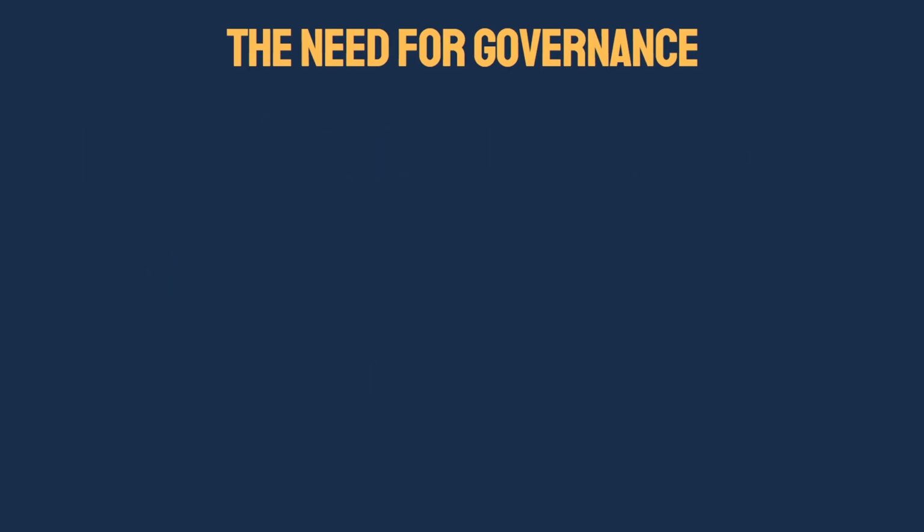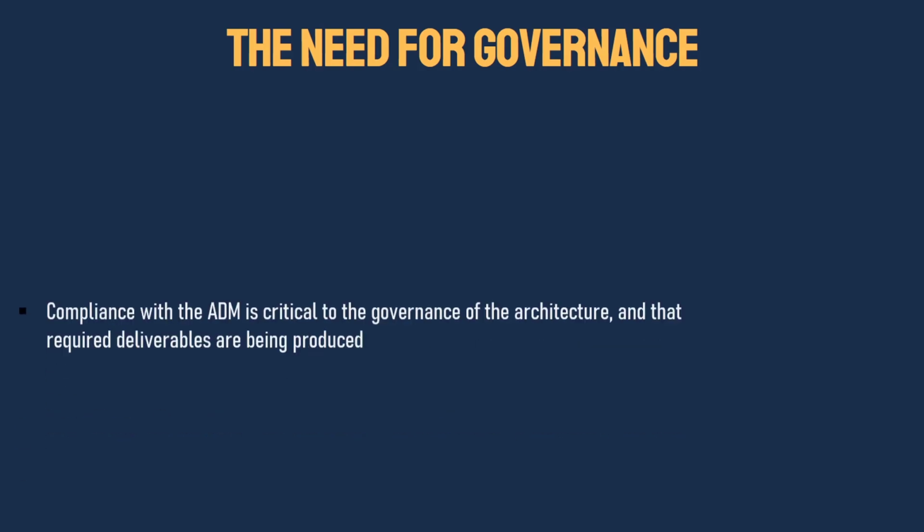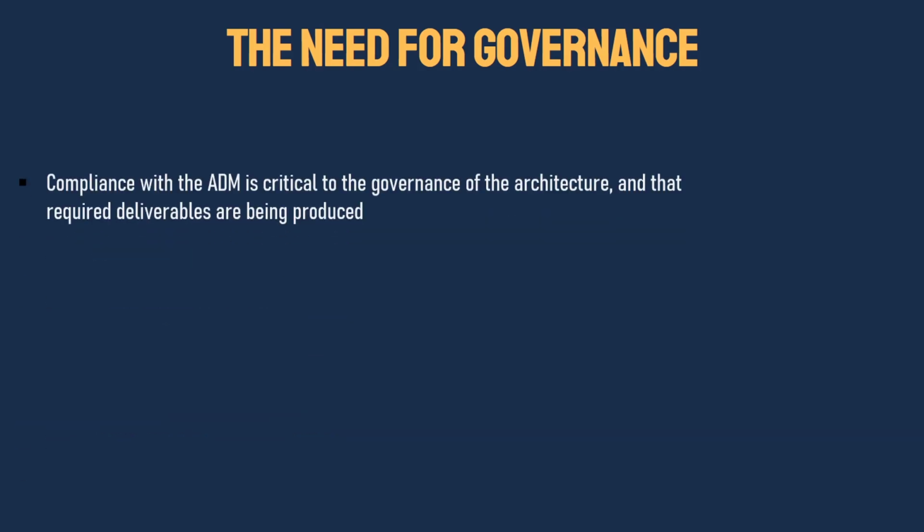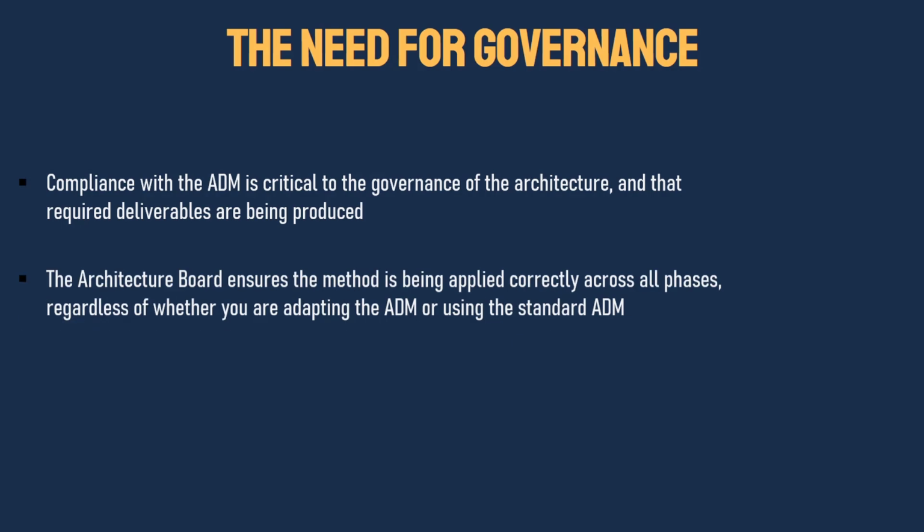The need for governance. Let's talk about the need for governance. Compliance with the ADM is critical to governance of the architecture, and to ensuring that required deliverables are actually being produced as they should be.